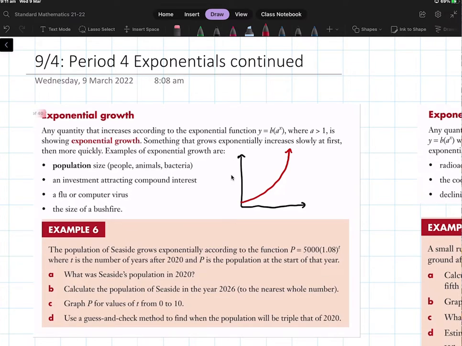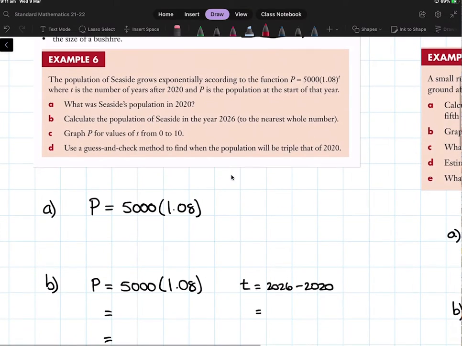So jumping in and looking at an example here, example 6 goes on, the population of a seaside grows exponentially according to the function P equals 5,000 times 1.08 to the power of t. Before we move on, that looks similar to compound interest or the future value formula, isn't it? It's very similar in how it's set up.